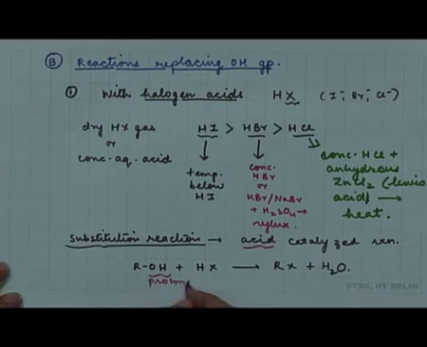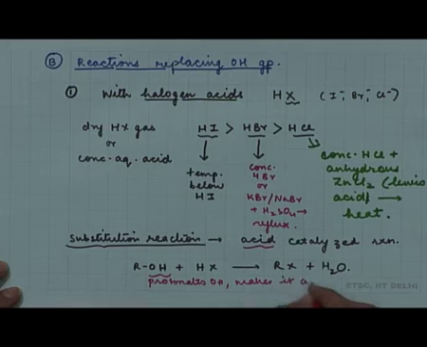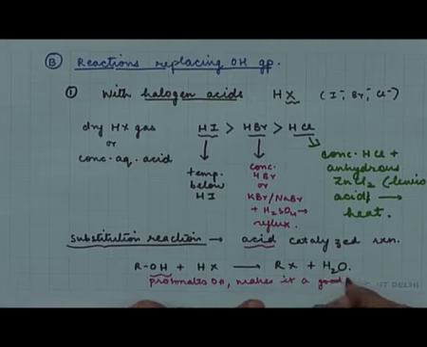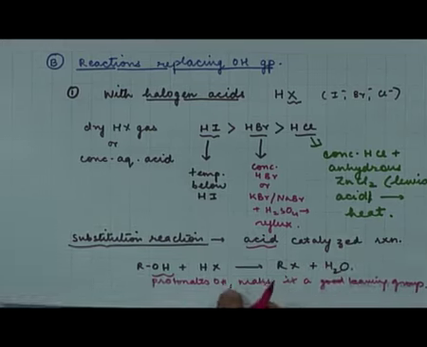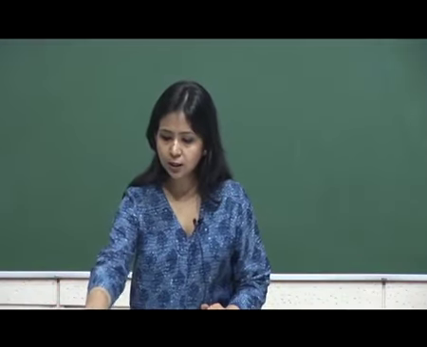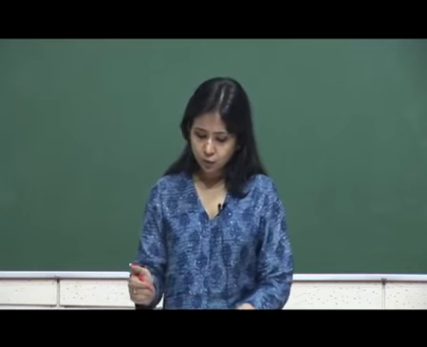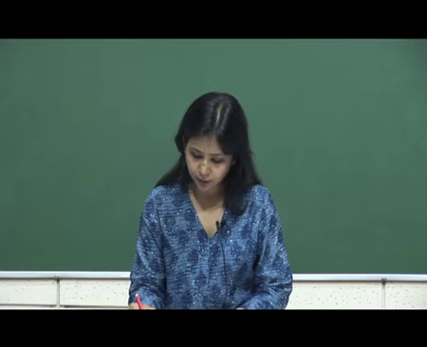It protonates the OH of the alcohol and makes it a good leaving group. So this is probably the same thing which we talked about a few minutes ago, that to convert it into a good leaving group, you are converting into the corresponding sulfonates, because OH itself is not a good leaving group. So it is an acid catalyzed reaction which protonates it and makes OH a good leaving group and facilitates the substitution.